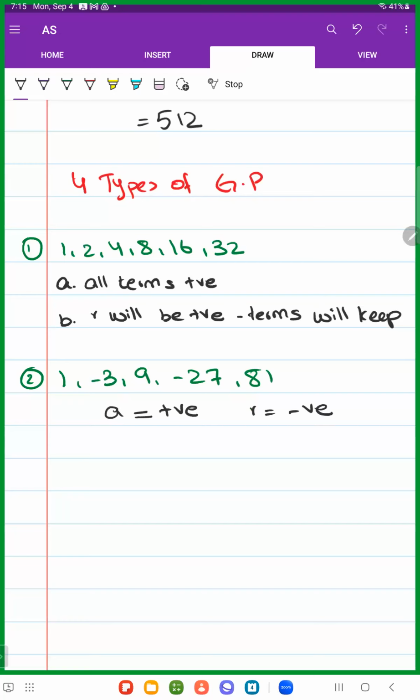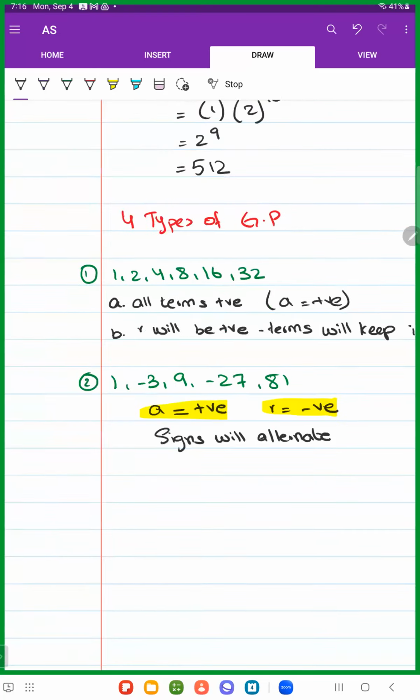So signs will alternate. If A is positive and R is negative, signs will alternate. In the first one, all terms were positive and R was also positive, so A is positive and R is positive, and all terms will keep on increasing, okay?